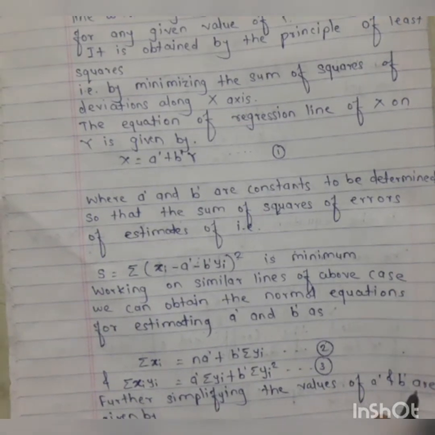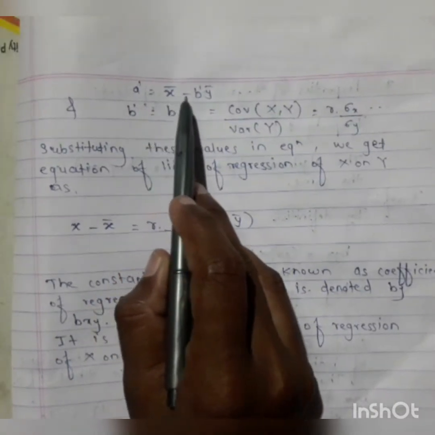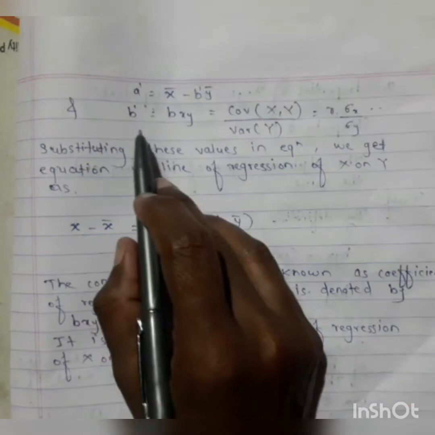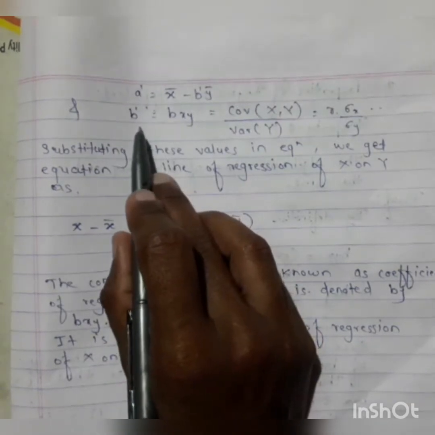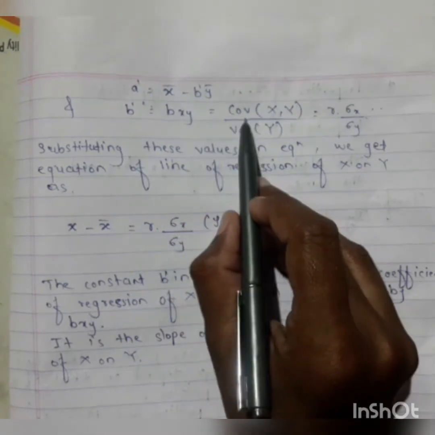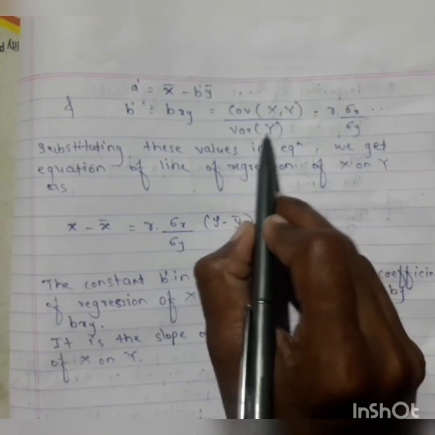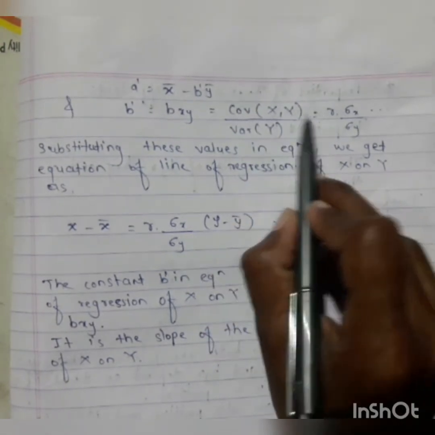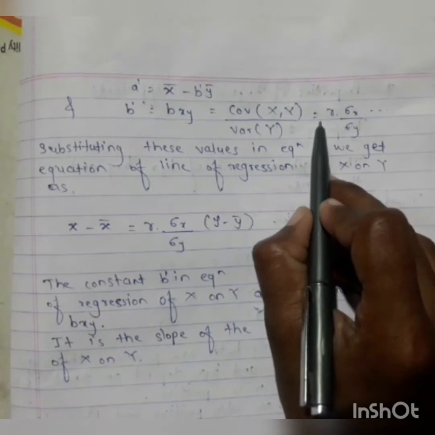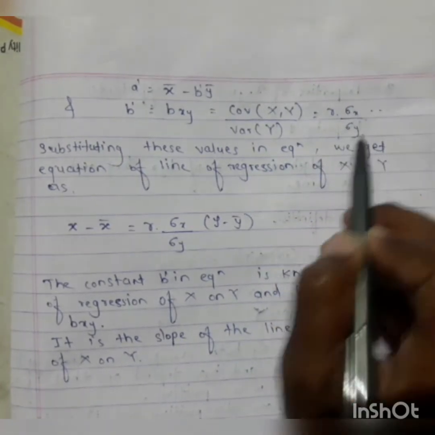Next, further simplifying, the values of a dash and b dash are given by a dash is equal to x bar minus b dash into y bar, and b dash is equal to b of xy, as we know from the last lecture. b of xy is nothing but covariance of capital X comma capital Y divided by variance of capital Y, which on solving gives r into sigma x upon sigma y.